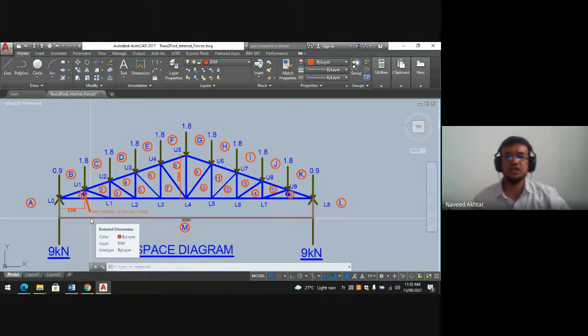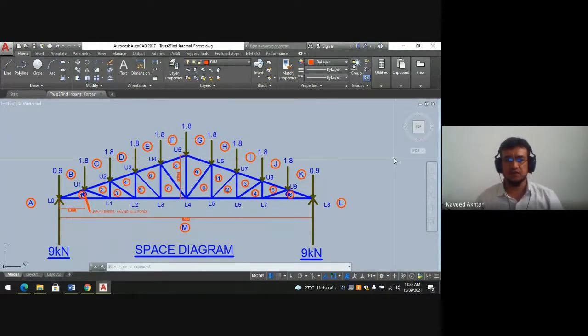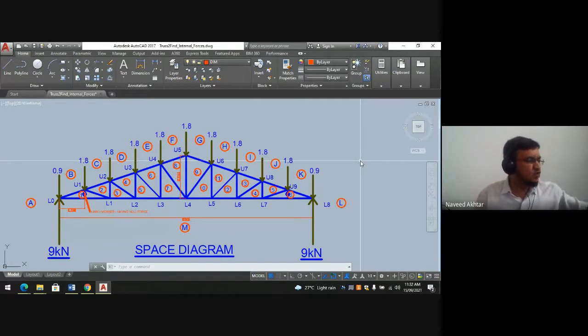Okay, so this is the space diagram we have now. Why are we drawing this space diagram? To draw a vector diagram, and from the vector diagram we can easily find the internal forces by the graphical method.